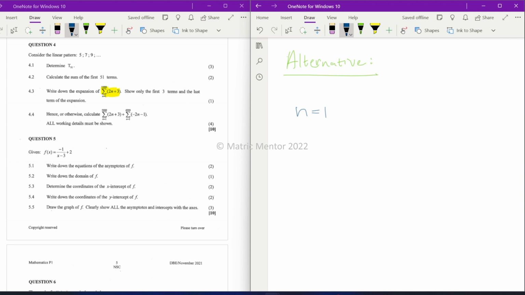So the first sum of function is from the first term to the 5,000th term, and the second sum of function is from the first term to the 4,999th term. So only because we are starting from our first term, we are allowed to use our Sn formula.